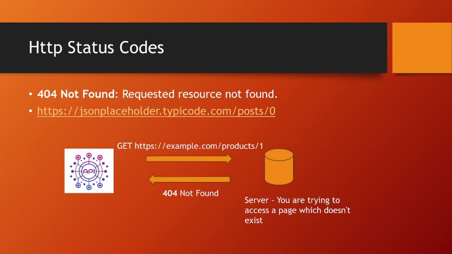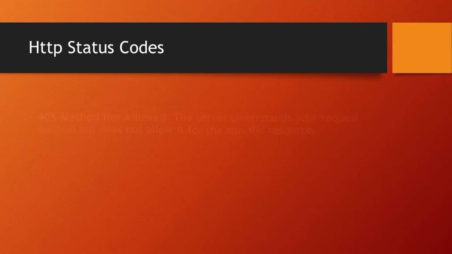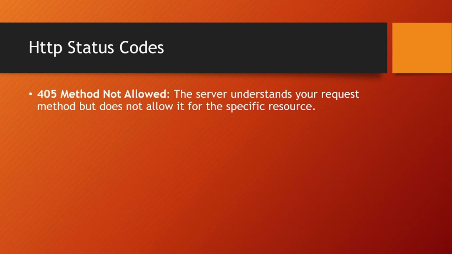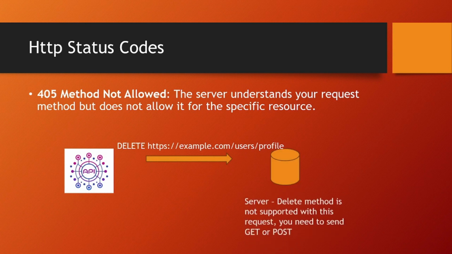So that was about this error. Next comes the 405 method not allowed status code. What happens in this case is, for example, you are sending a request to the server, but the server doesn't have proper support for that particular request.